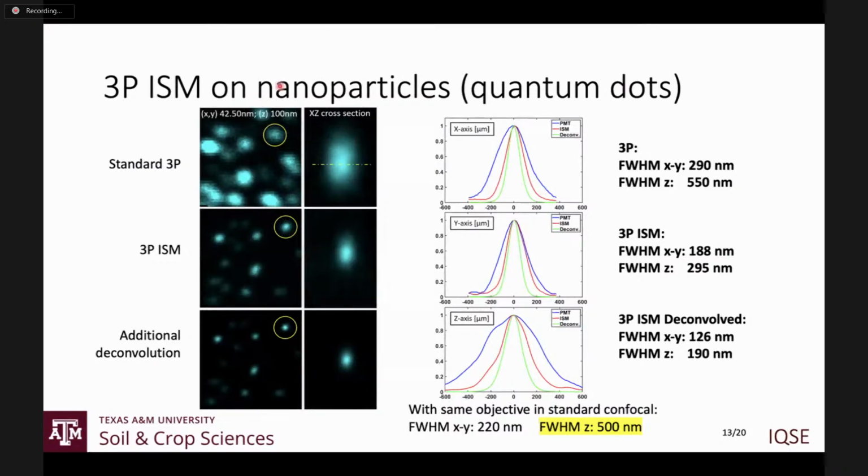So we did then measurements on a sample where we dispersed nanoparticles, blue emitting quantum dots, on a microscope slide. When we measure with normal standard 3-photon microscopy, we get a full width half maximum of those sub-diffraction limited sized particles of about 290 nanometers, which corresponds nicely to what we would expect for a diffraction limited spot focused with about a 1.2 numeric aperture objective.